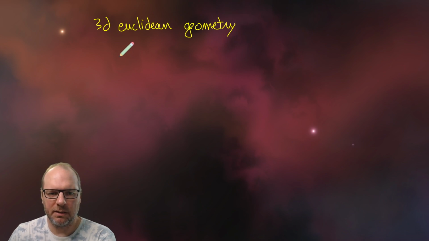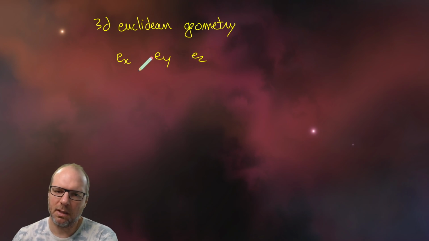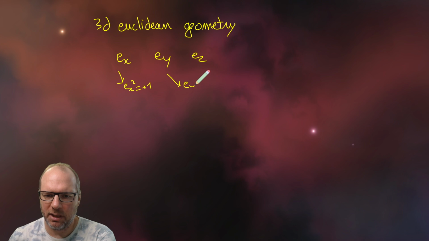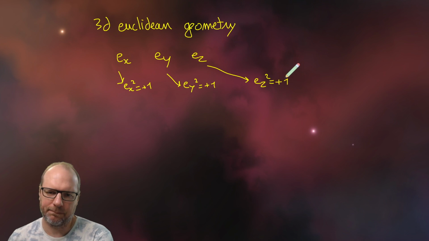So I define the symbols e sub x, e sub y, and for the z-axis e sub z, and I specify the square of each. e sub x squared equals plus 1, e sub y squared equals plus 1, and e sub z squared equals plus 1.